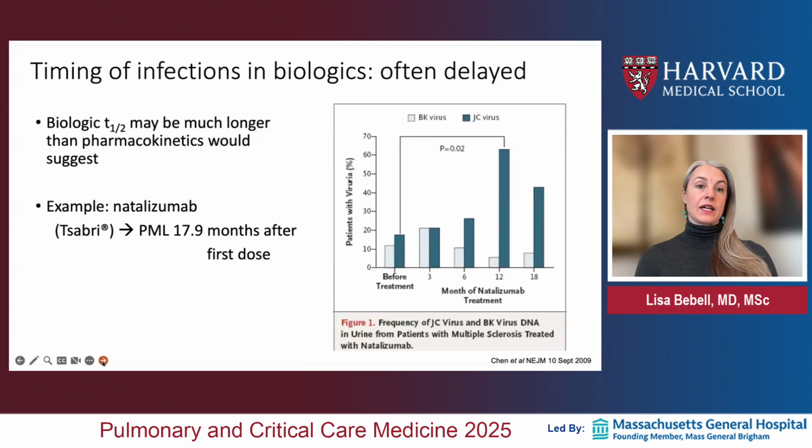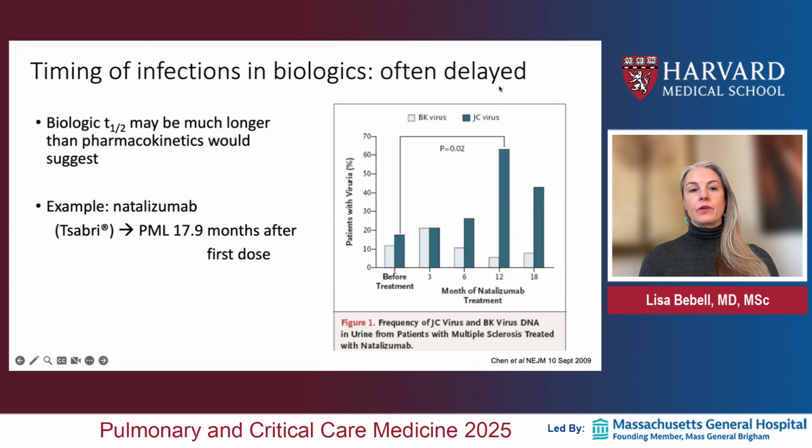I also want to add that the timeline of infection for people who've received biologics is often delayed. So we may not have seen them receive the drug within the last few weeks or even months, but it could still be active in their immune system. The biologic half-life might actually be a lot longer than what the pharmacokinetics would suggest.